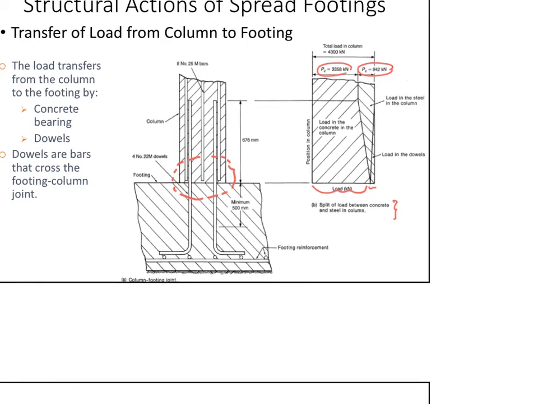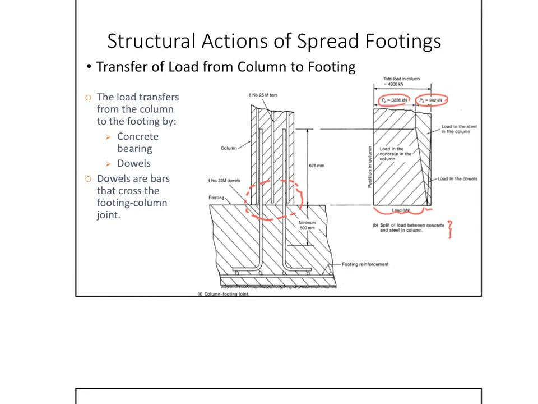Let's now understand what the dowels are and why we need dowels. Those are the dowels. Those bars that stick up from the footing to get into the column are called the dowels, right? Those dowels are used because normally you'll have to stop your casting at the face of the footing.